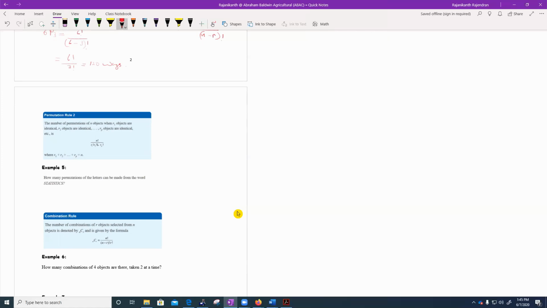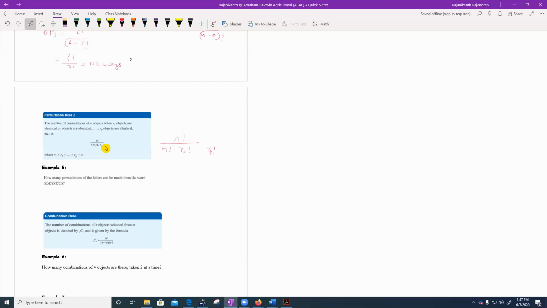You could choose different numbers, but each has some identical copies. Then in how many different ways can you arrange all of them, using all the objects? The formula says that is n factorial over r1 factorial times r2 factorial and so on up to rp factorial.